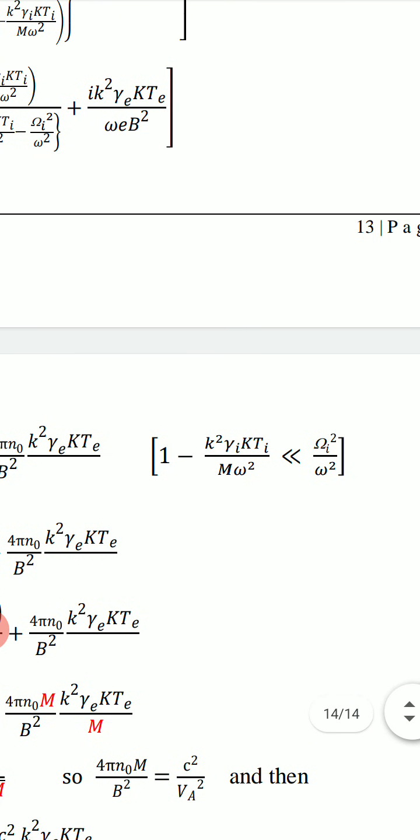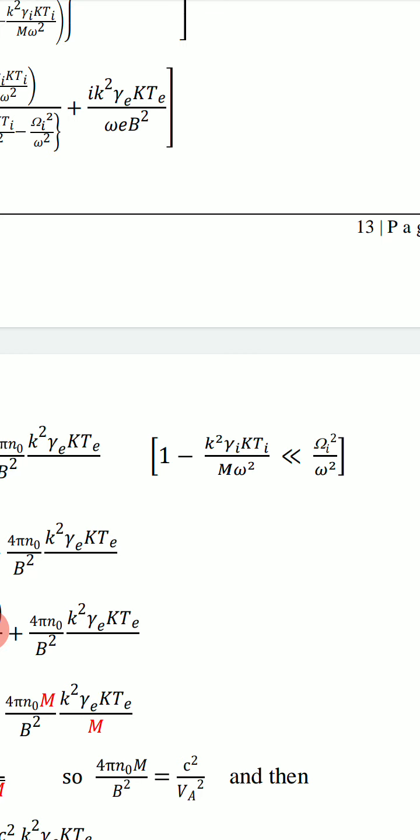And 1 minus k square gamma I k T I upon m omega square is much less than omega I square upon omega square. So we neglect this term, 1 minus k square gamma I k T I upon m omega square, because omega I is much greater than omega.